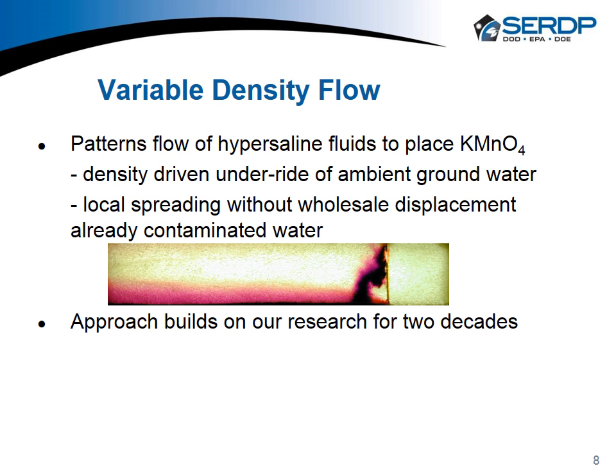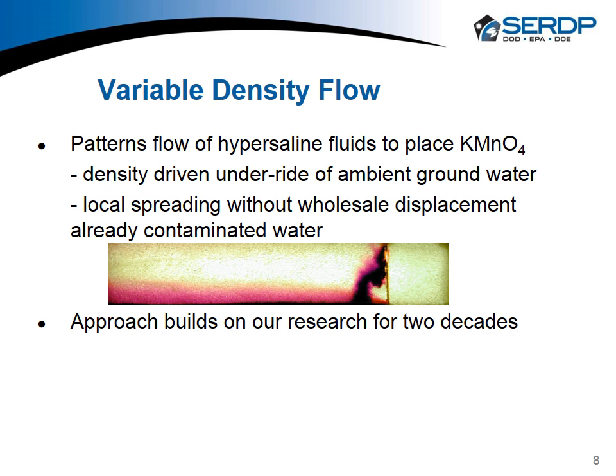In terms of variable density flow, this picture that we have here on slide 8 is really designed to show how, for example, a dense fluid like potassium permanganate tends to sink and underride. And that very simple column experiment here, or flow tank experiment, was one of the motivations for our initial proposal.